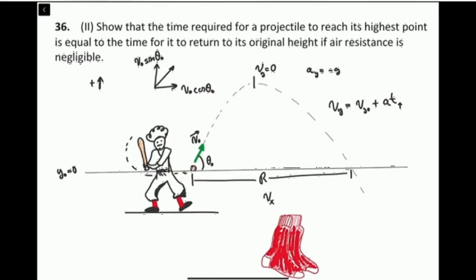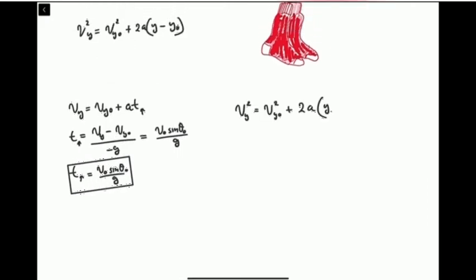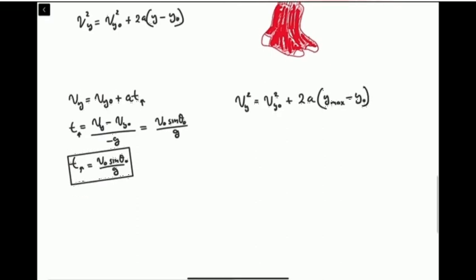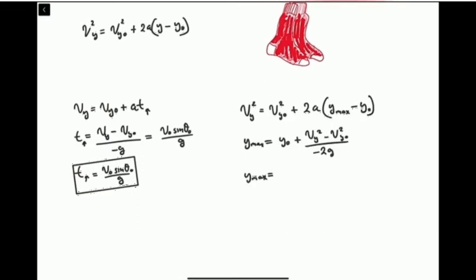Okay, now we would like to find the height at the highest point. In order to do that, we'll use this equation. Y max is at the highest point minus initial height. Solving for the max height, we know that the initial height is equal to 0.